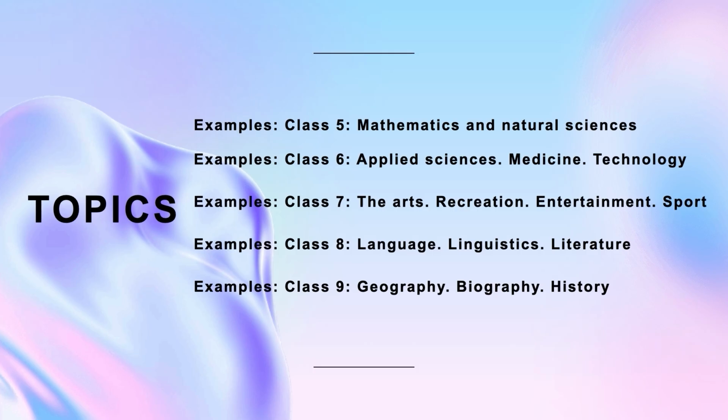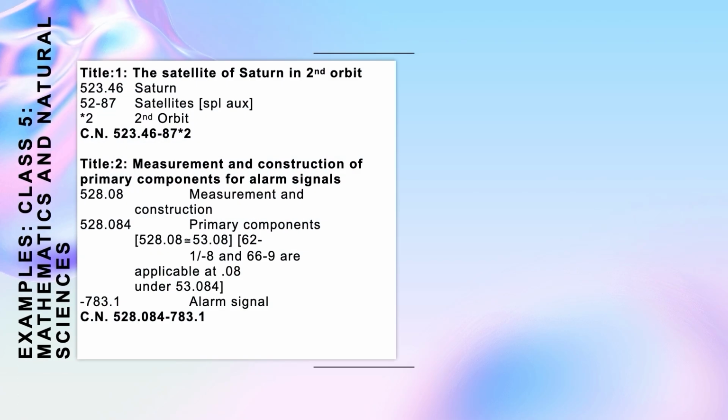Okay, so first is on the science. Title 1: the satellite of Saturn in second orbit. The class number in the schedule for Saturn is 523.46.